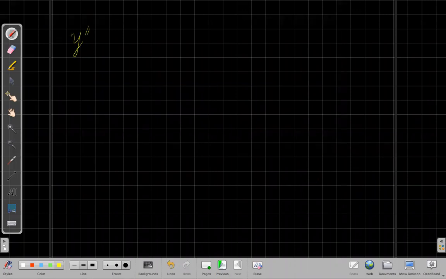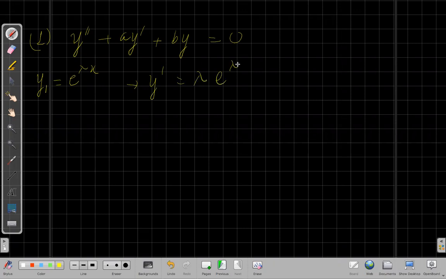So we have y double prime plus a y prime plus b y equal to 0, and we assume that y equal to exponential lambda x is the solution of this equation, namely equation 1. We calculate y prime equal to lambda e lambda x, and y double prime equal to lambda squared e lambda x.